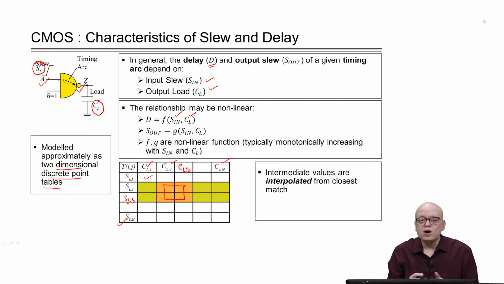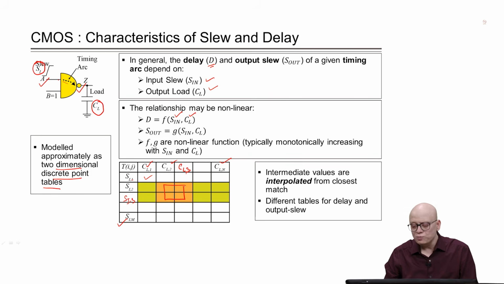So, this is how the information is modeled inside the library. It is modeled as a discrete two-dimensional table, and this model is known as NLDM, the non-linear delay model. We will have different tables for delay and output slew.